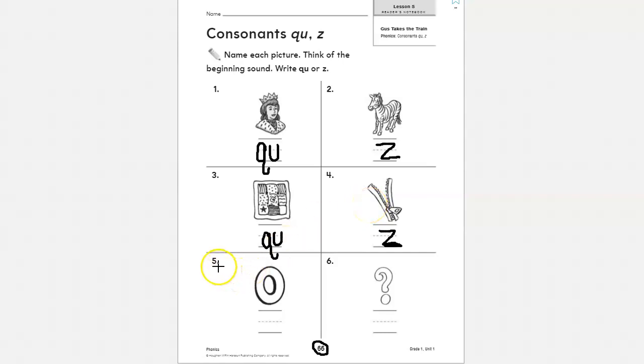Now I want you to look at number 5 and number 6. On 5, we have a picture of the number. What number is this? The number 0. Does the word 0 begin with the qu sound or the z sound? Write that in the blank and then we will check it in just a minute.